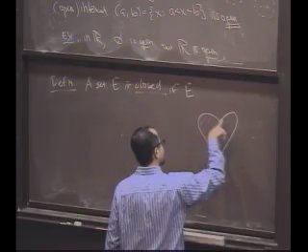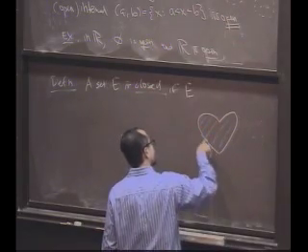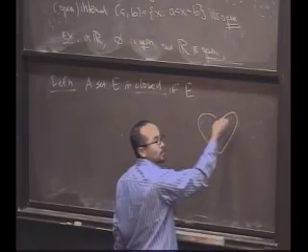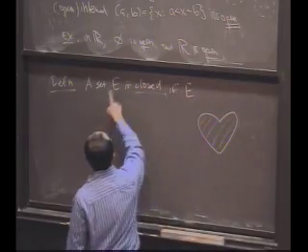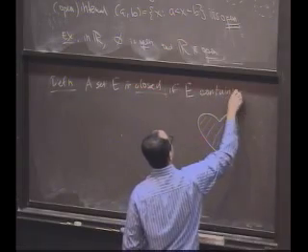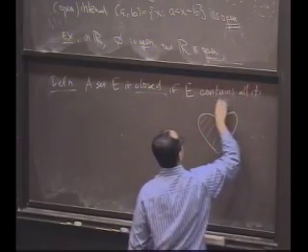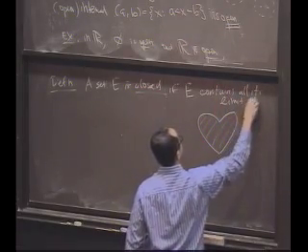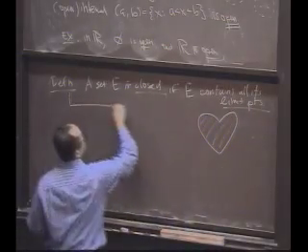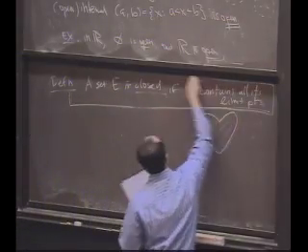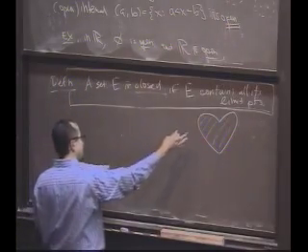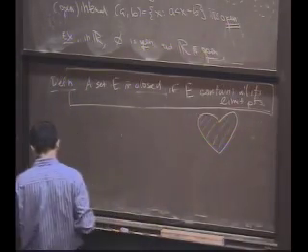It's some set that contains, in some sense, all its limit points. So a closed set kind of looks like something where the boundary is included.